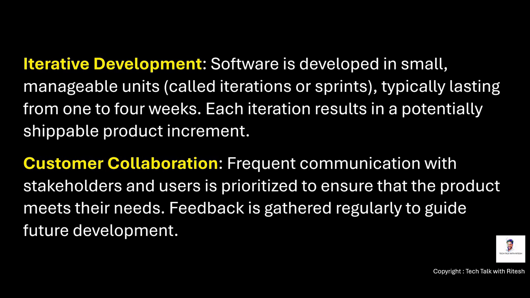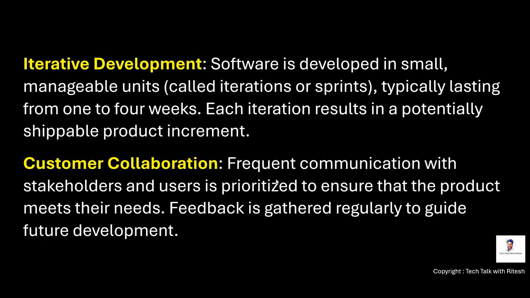Each iteration results in a potentially shippable product increment. This is a term in agile called PSP, potentially shippable product. Whatever we are developing is a very small product, but shippable means it can go live, it can go to production, and it works as a standalone unit, right?